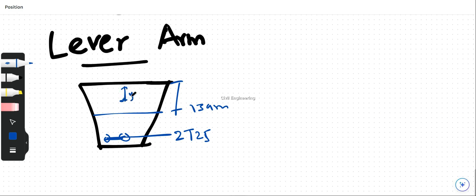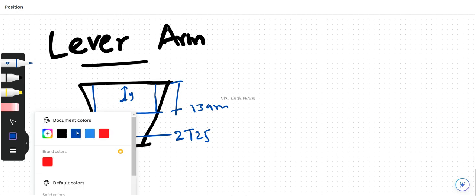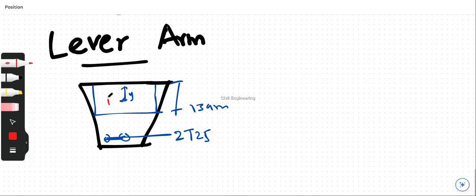If we take it as y, we can find it by, we have to think about three parts, as this is the main part, this is the second part, and this is the third part.